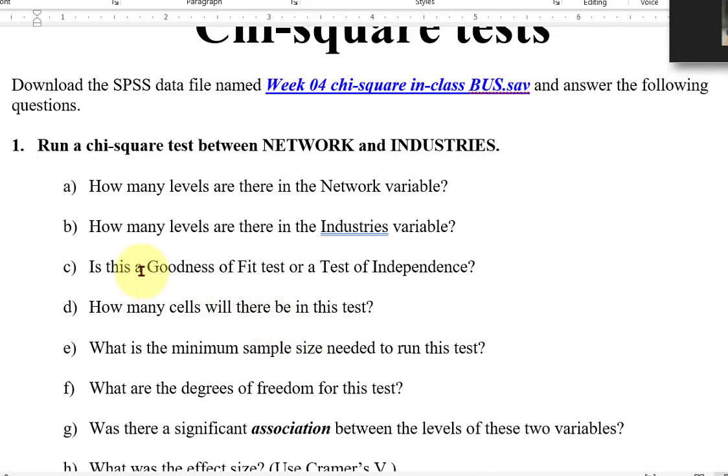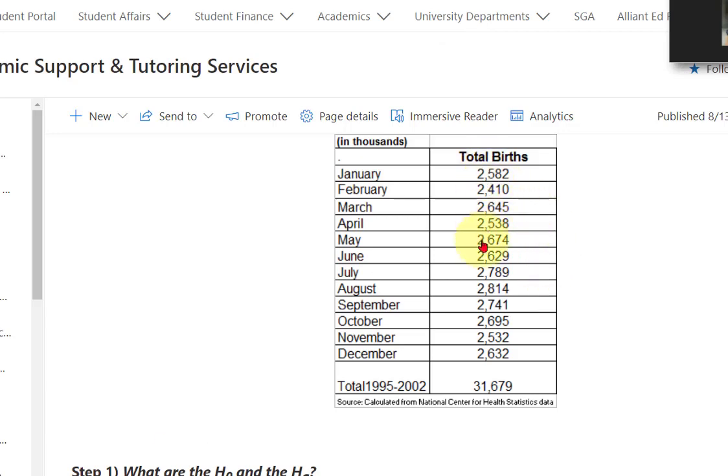Is this a goodness of fit or a test of independence? So if it's a 4 by 6, it's obviously a test of independence. A goodness of fit test normally only has 1 row of data, right? And you can compare it to either a given row of data, which is supposed to be treated like a population, or it could be calculated like the null hypothesis would state that the average number of births for each of these months here is exactly the same.